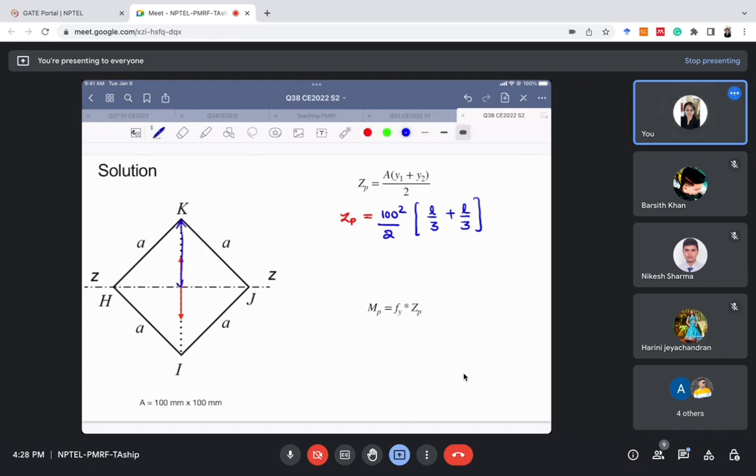Now, how to calculate the value of L? This is given to us as 100 mm. This is also given to us as 100 mm. This is angle 90 degree.